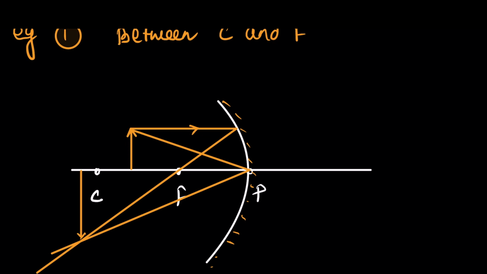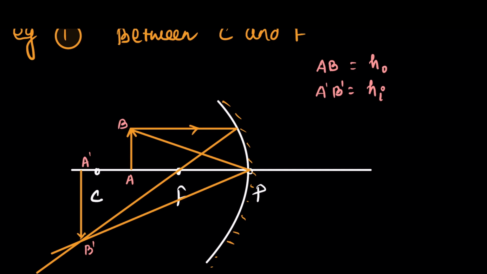So here, if I put it A and B, that is the height of object, and A dash, B dash, that is the height of image. So AB is represented as HO, that is the height of object. A dash B dash is height of image.